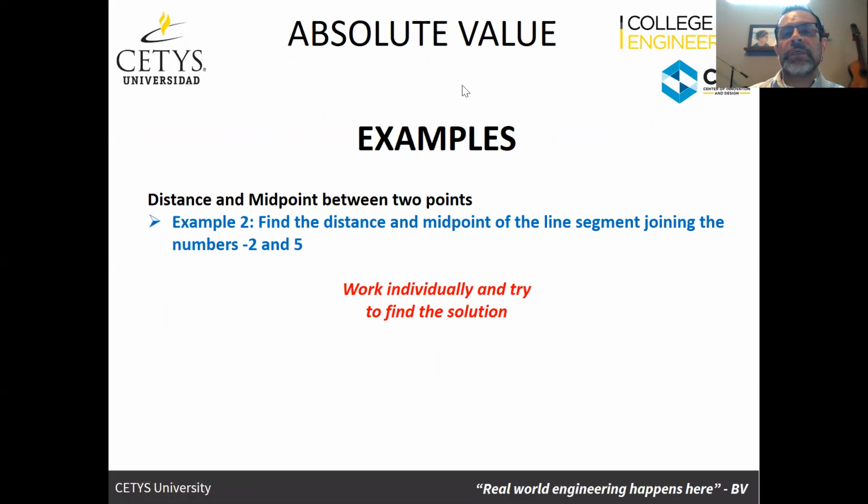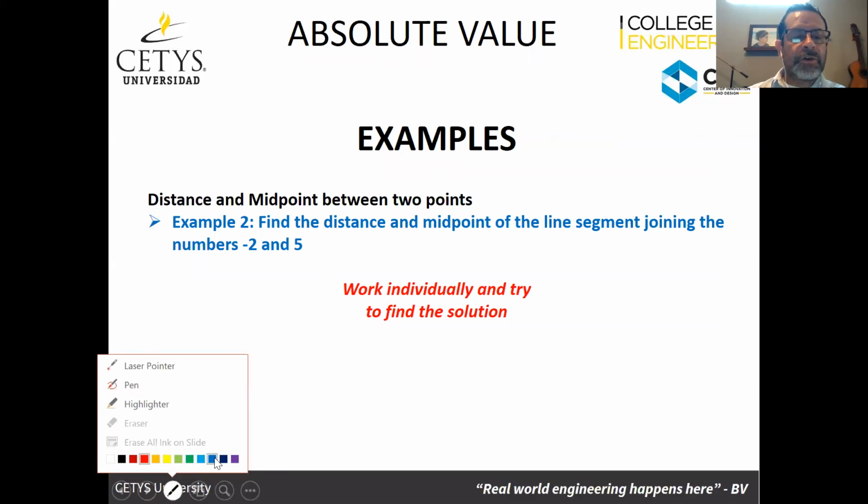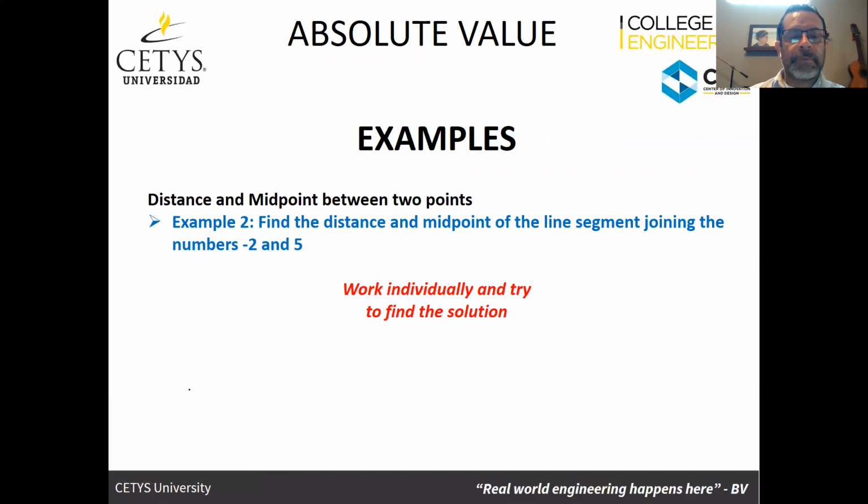Let's do some drawing here. Let's draw a number line. Let's do it graphically, and then we're going to validate with the formulas. I'm going to put the 0 here. My number lines are kind of curved, but I think you get the idea. Let's mark the numbers 1, 2, 3, 4, and 5.